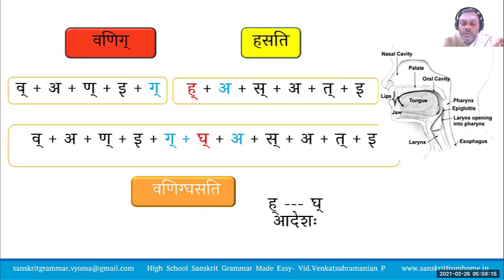Vanighasati. Now, what we should understand is Hakara becomes the fourth letter as the Adesha. In this case, it was Ga. Therefore, it became the fourth letter of Poorvavarna, Gha. Hakarasya sthane Ghakaraha Adeshaha, Vanighasati iti udaharane.